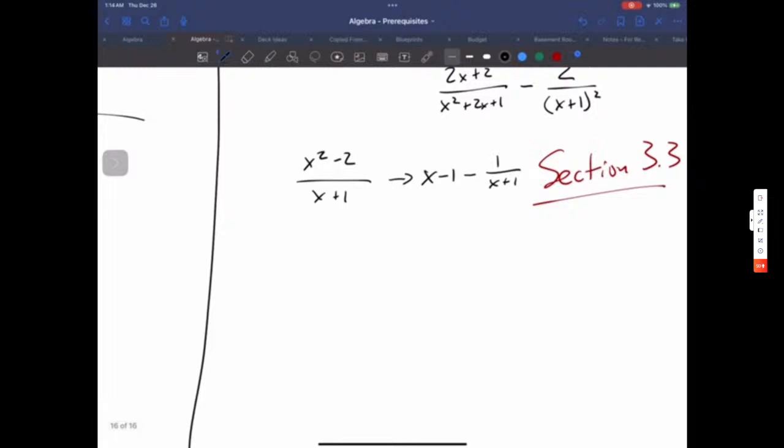And then he did another one, partial fractions, to get this one. And we'll see that one later as well, x squared minus x minus 6. Partial fractions becomes very important in calculus, so you will need this later. 1 over x plus 2.